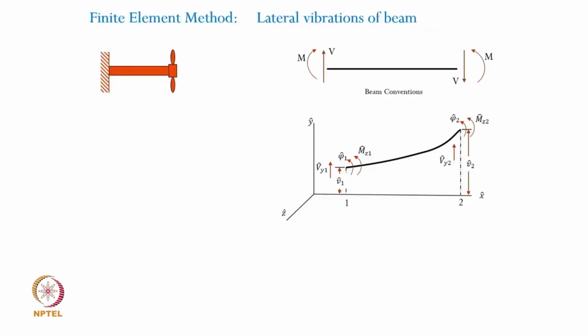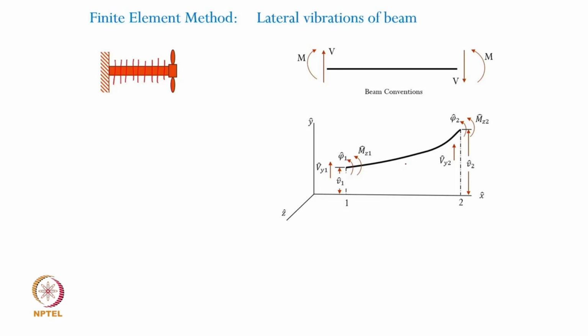Now we look at this method from the context of a lateral vibration problem. The same propeller or, let us say, a wind turbine rotor can be represented like a cantilevered shaft, and that will undergo lateral vibrations. If that is again to be modeled and analyzed, we again can assume it to be discretized into several such discrete elements, each element behaving like a beam.